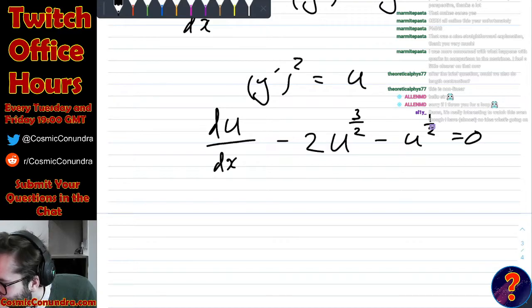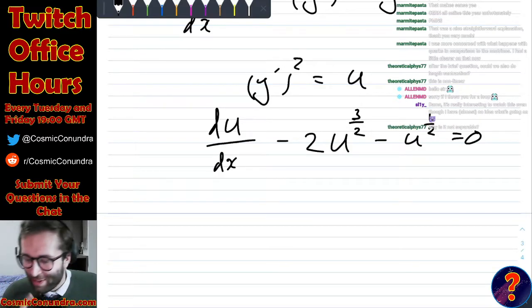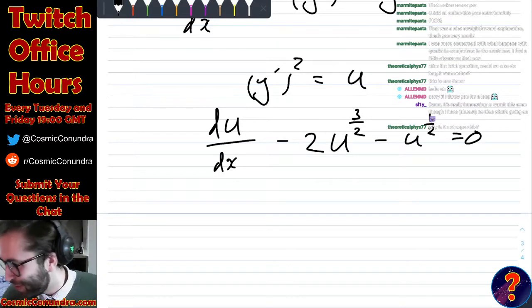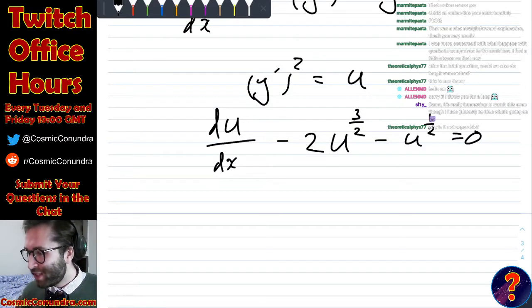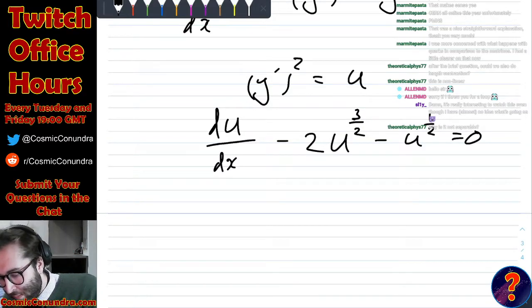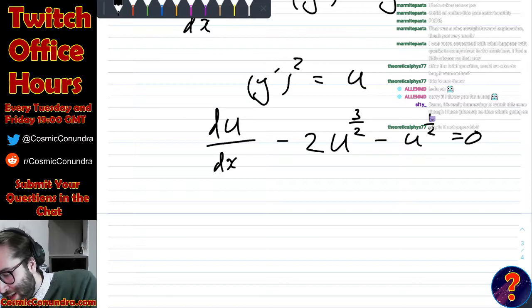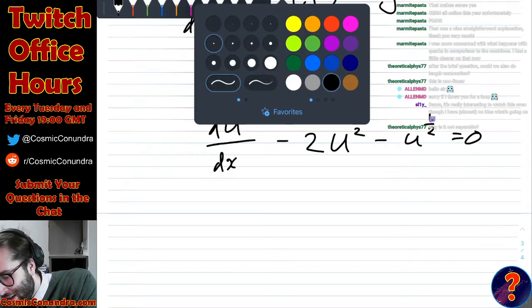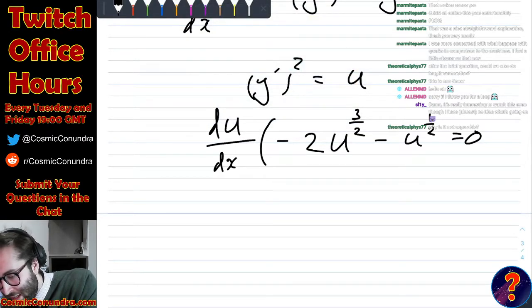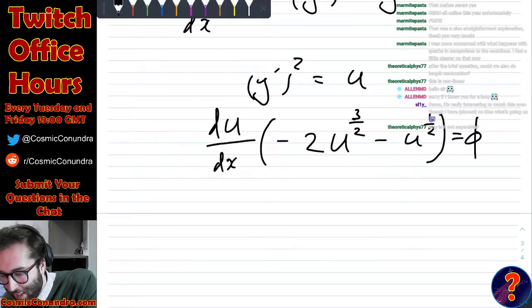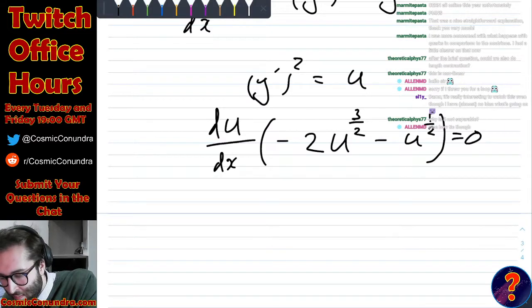That's okay. Well, thank you for saying it's interesting, but I also have no idea how to do this one at the moment. Why is it not separable? Well, because separable ones would, if it was something like this, du by dx times this was equal to 1 or something, then you could separate it.